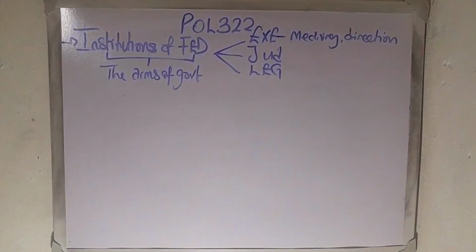So like I said, they are charged with the responsibility of giving meaning and direction to the government policies. Also, they are responsible for the implementation of these policies as well. The executive functions by working closely with other arms of government.